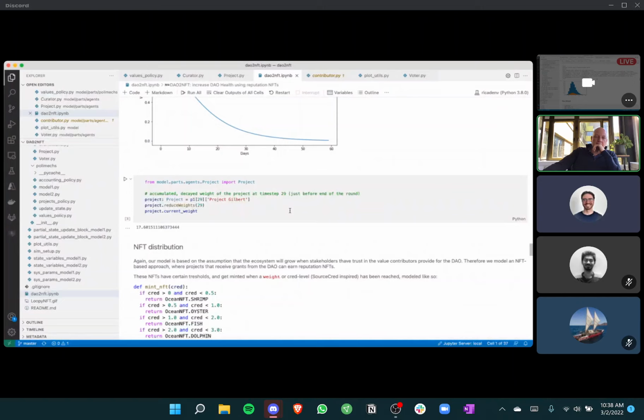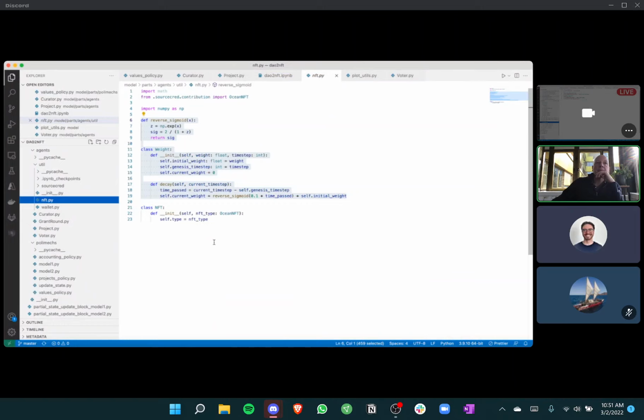So please take it and tinker with it, I would say. This is where the weight is being implemented with the reverse sigmoid function. I stole the wallet function from Token Spice. So there's already a lot of reuse from Token Spice repos.